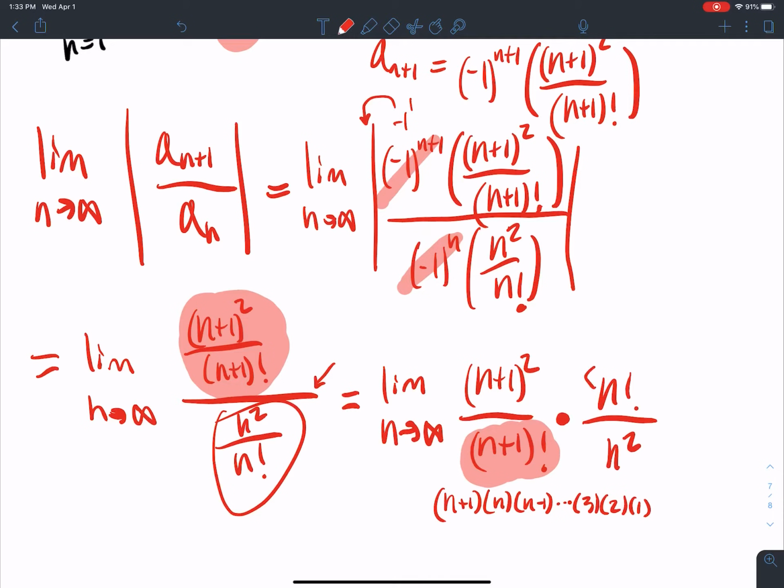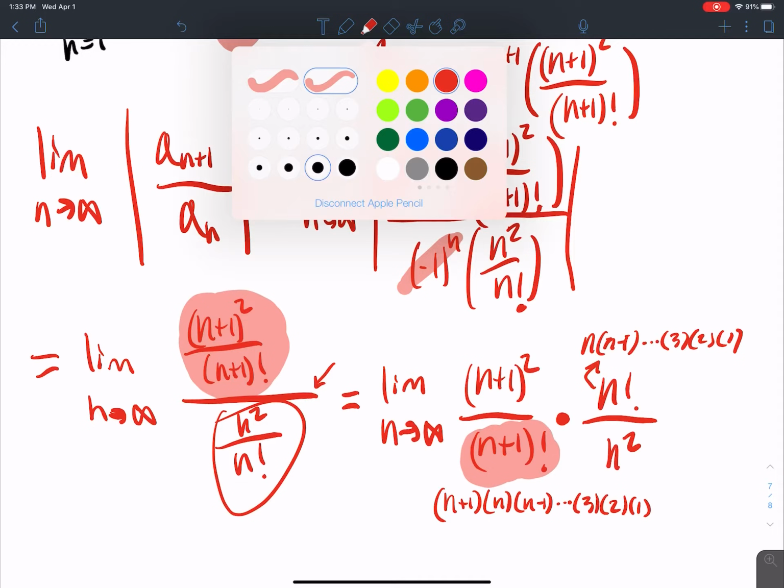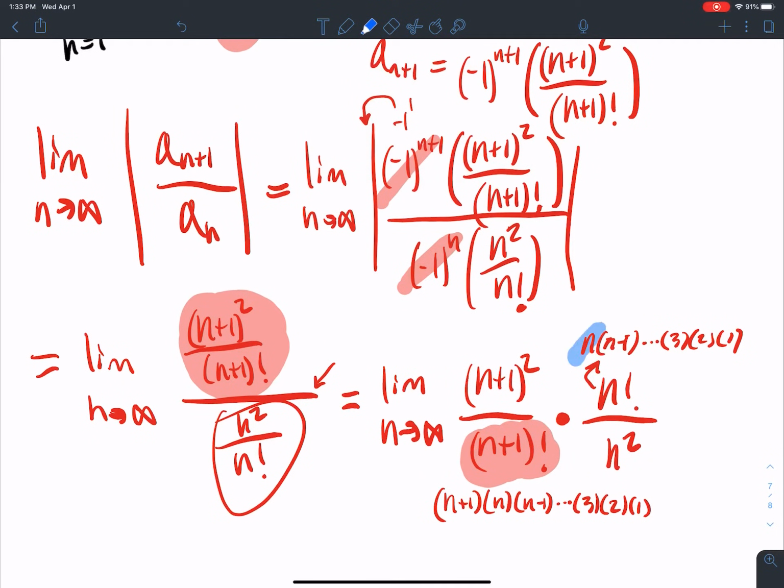This up here multiplies to n times n minus 1, 3, 2, 1. So I see some simplification going on here. The n's cancel, the n minus 1's cancel, the dots cancel, 3, 3, 2, 2, 1, 1, all cancels.